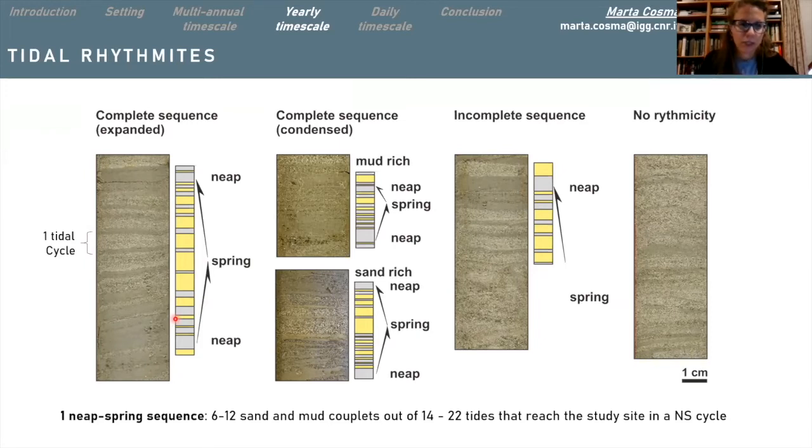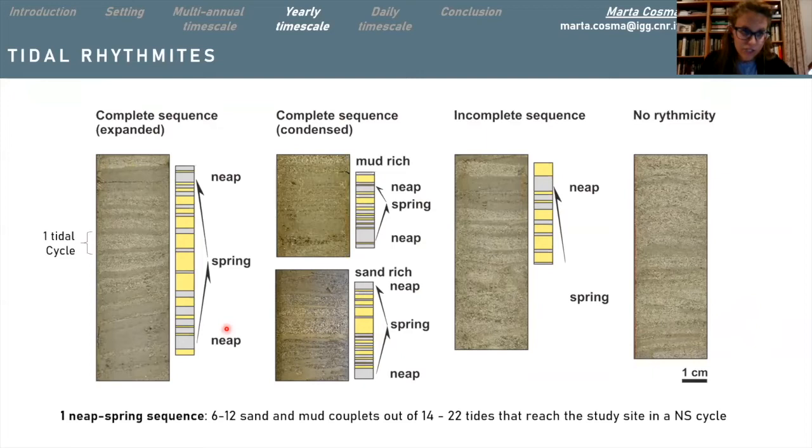The complete neap spring sequence can have different thickness, ranging from 7 centimeters to a few centimeters, which show thinner couplets of sand and mud. So we can have complete neap and spring sequences, but we can also record just incomplete sequences, or we can have no rhythmicity at all.